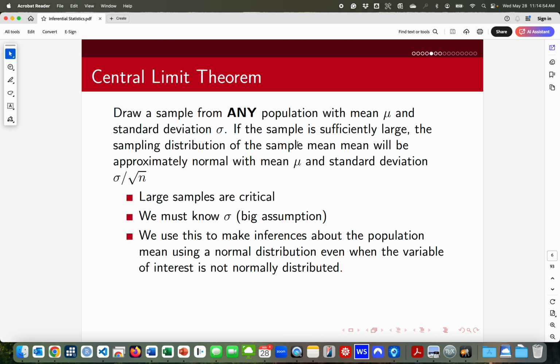And that's what the central limit theorem says. The sampling distribution of the sample mean will have the same mean as the underlying variable, and the standard deviation is sigma over square root of n, which says how spread out those x bars are around mu depends on the sample size.